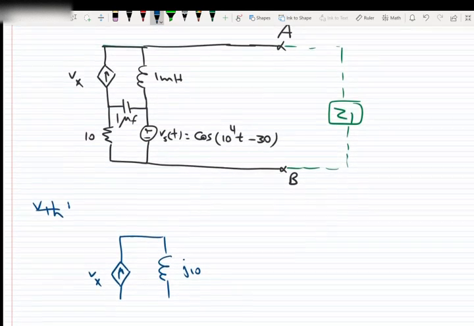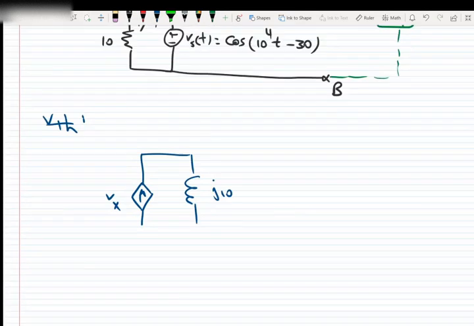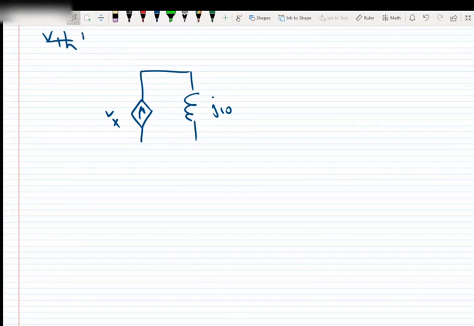And one more thing I missed in our original circuit, I should say that Vx is the voltage across the resistor in this direction. Okay, we need it for this dependent source. And what else we have?